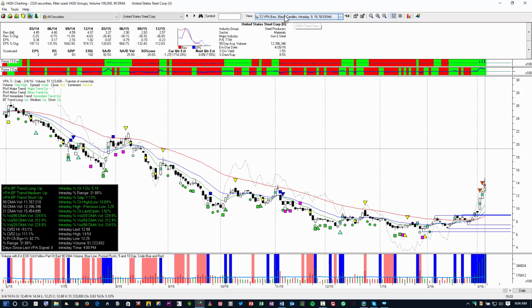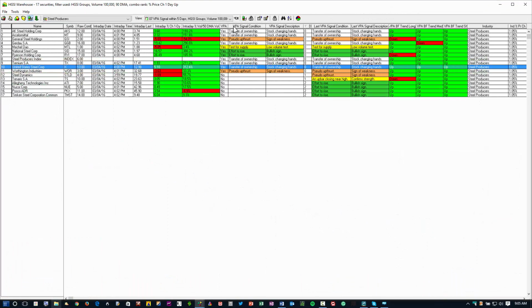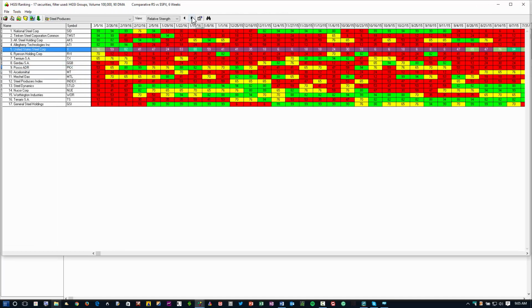What I'm going to do is change to the industry group, and then I'll go into the warehouse, and let's just take a look at the ranking module. This is a 6-week module, and you can see that there are several steel stocks that have outperformed U.S. Steel over that time period.